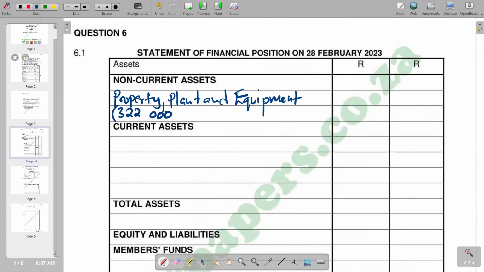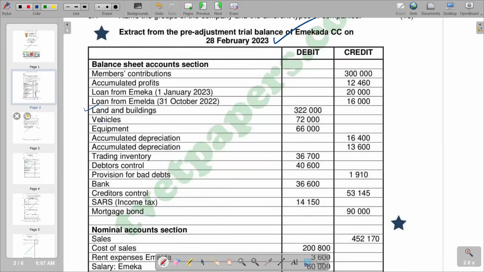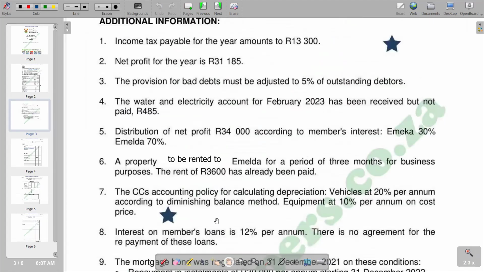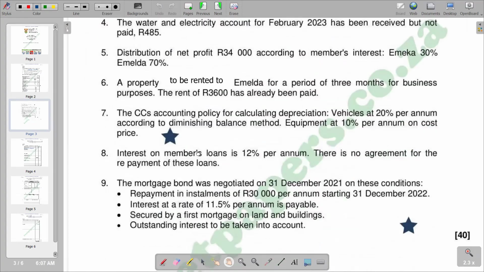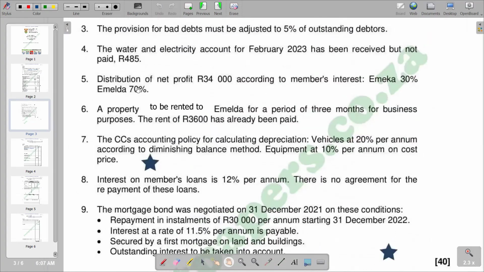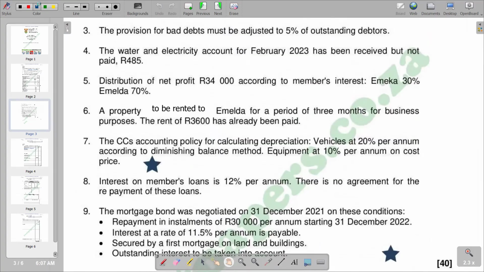So on vehicles again, we go to the information to check information about vehicles. We see that we have information number 7. It is the CC's accounting policy for calculating depreciation: vehicles at 20% per annum according to diminishing balance method, equipment at 10% per annum on the cost price.